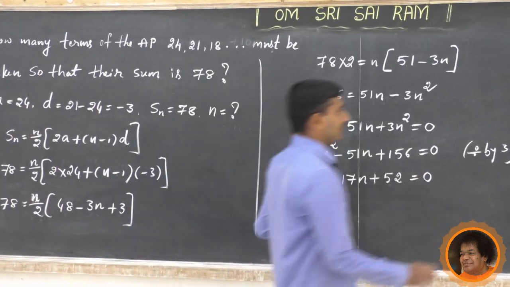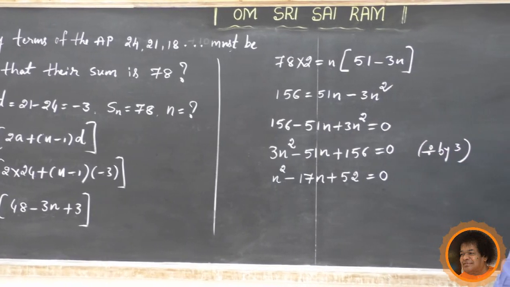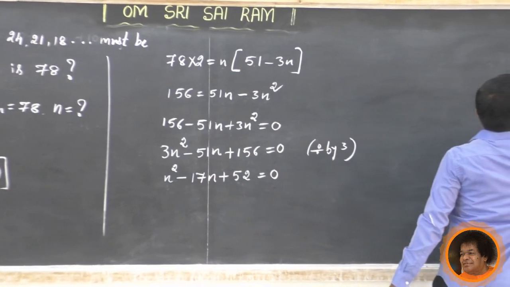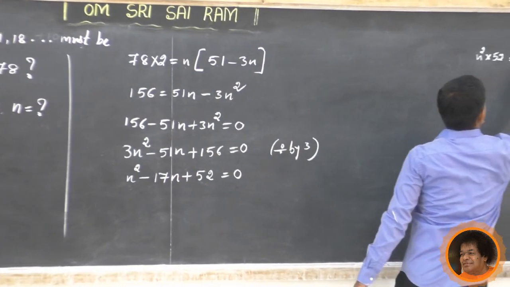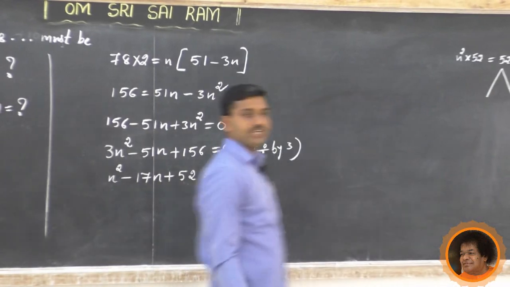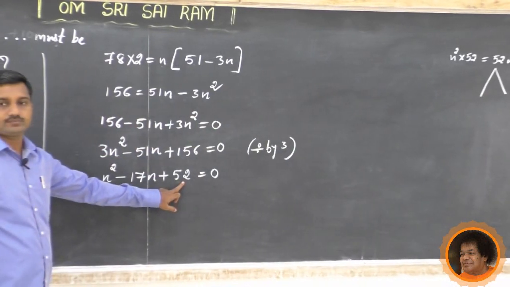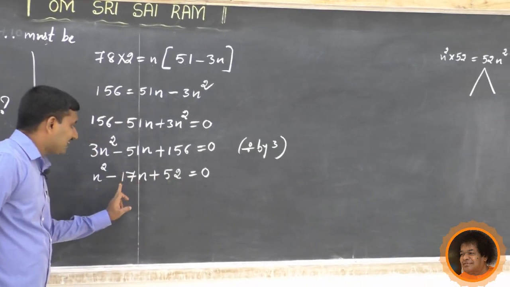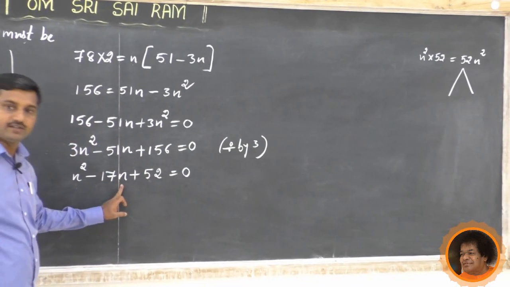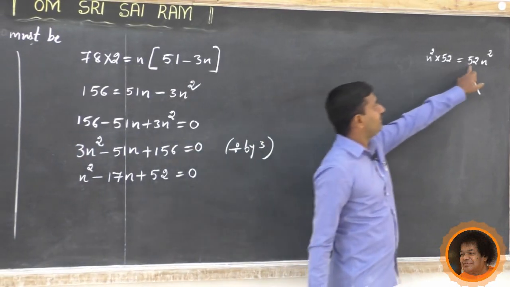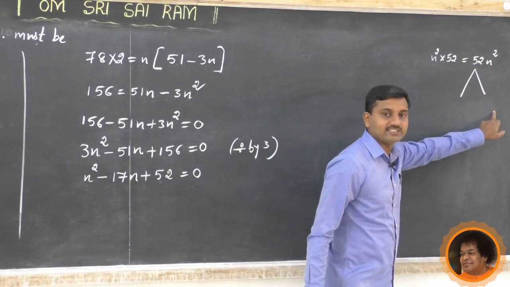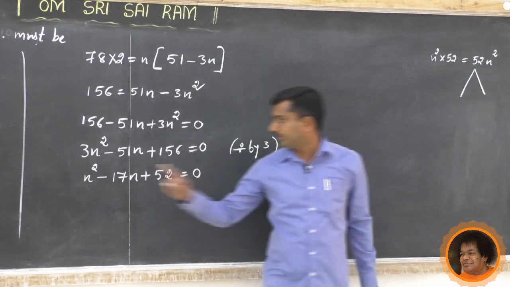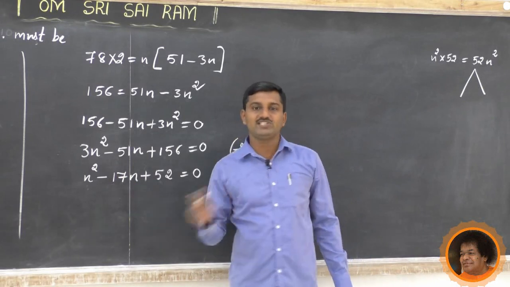The first term is n square and the last term is 52, so their product is 52n square, and the sum is minus 17n. Resolve 52n square into factors such that their product is 52n square but the sum is minus 17n. Which are the two factors?